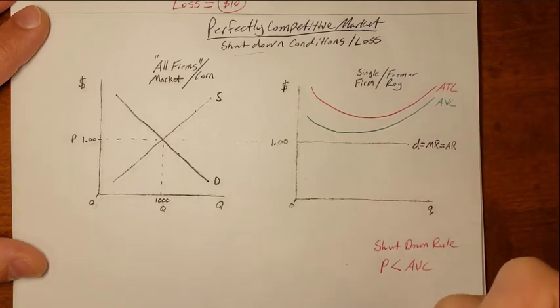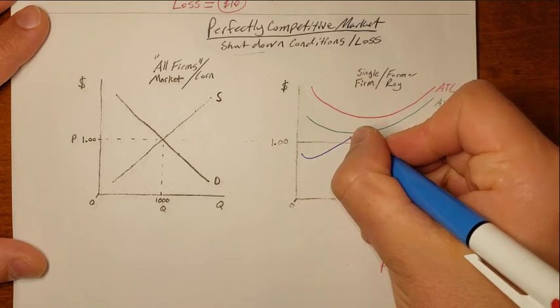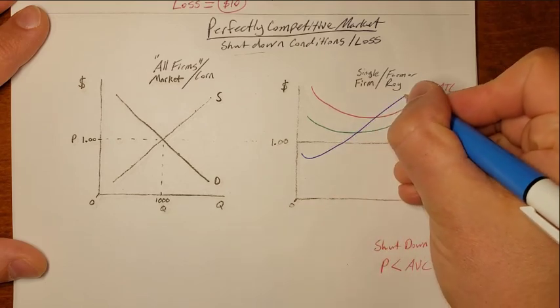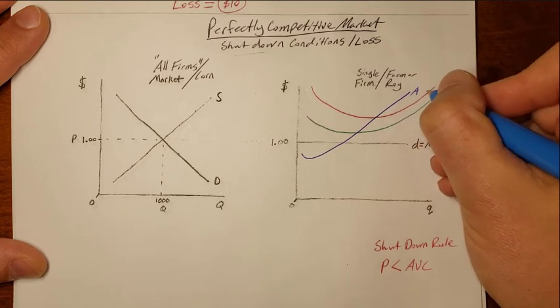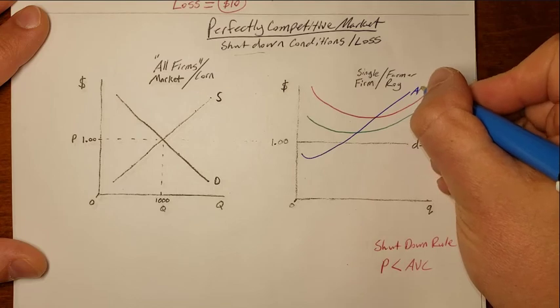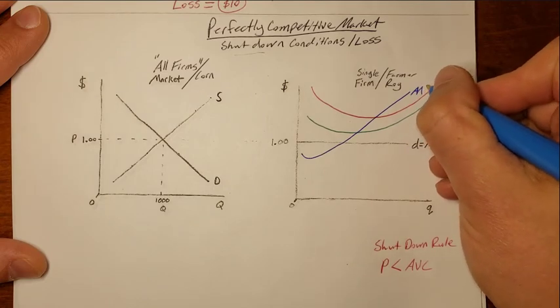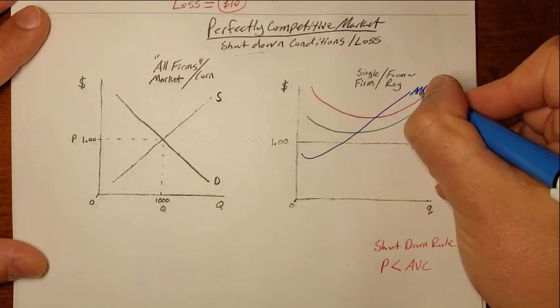And your marginal cost, of course, is supposed to intersect with your average variable cost and your average total cost. Whoops, I can't talk at the same time as I write, or else I write what I'm saying. So that's your marginal cost here.